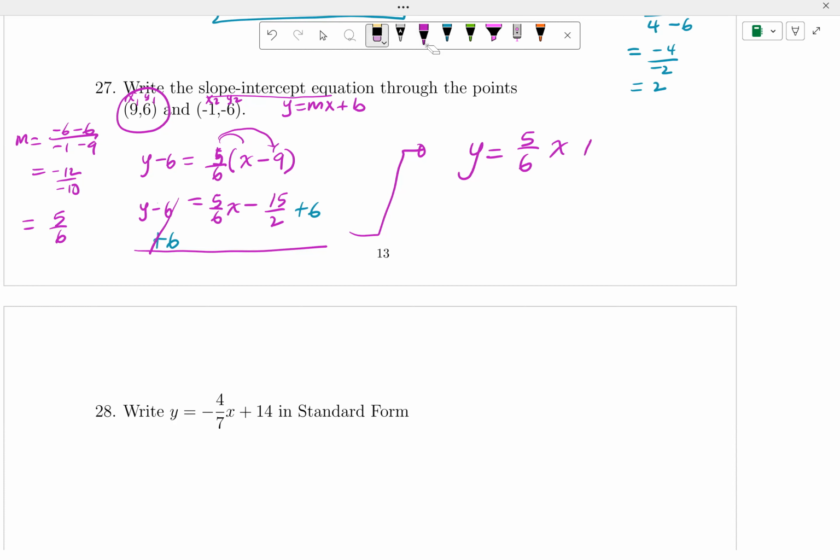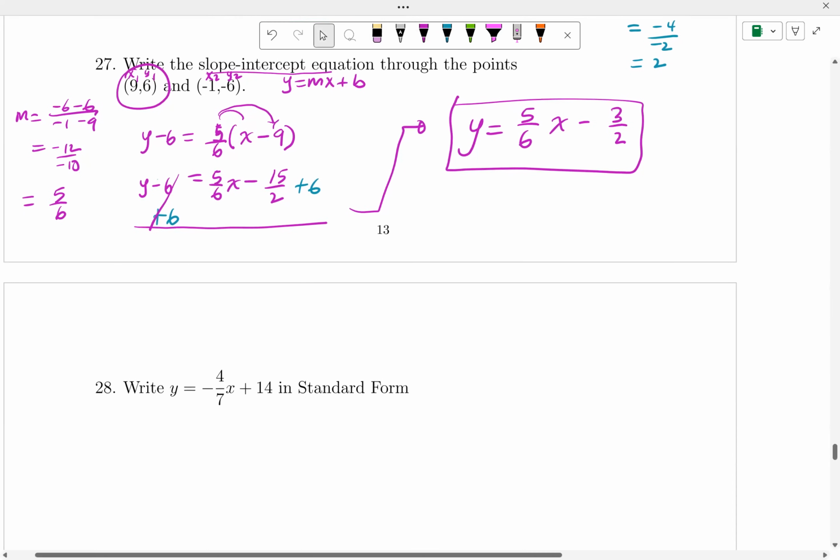It's going to be negative 3 over 2. I'm pretty sure. Well, let me just break out my calculator. Negative 15 over 2 plus 6. Yep, negative 3 over 2. And that's the equation you're looking for. y equals mx plus b.